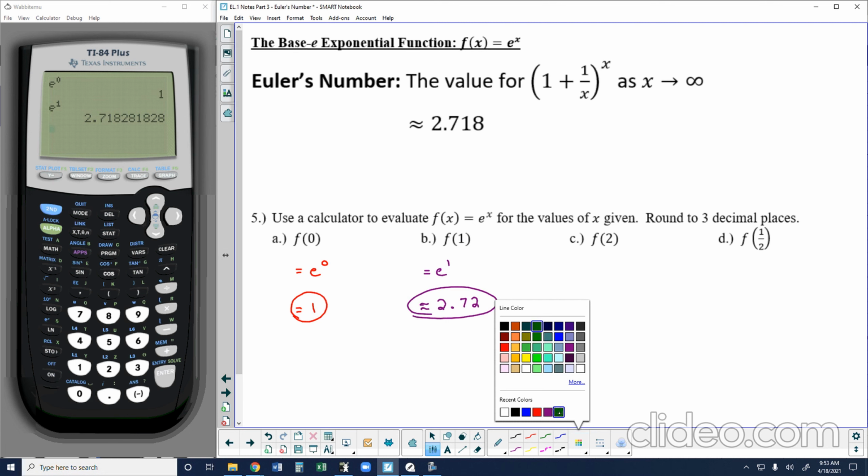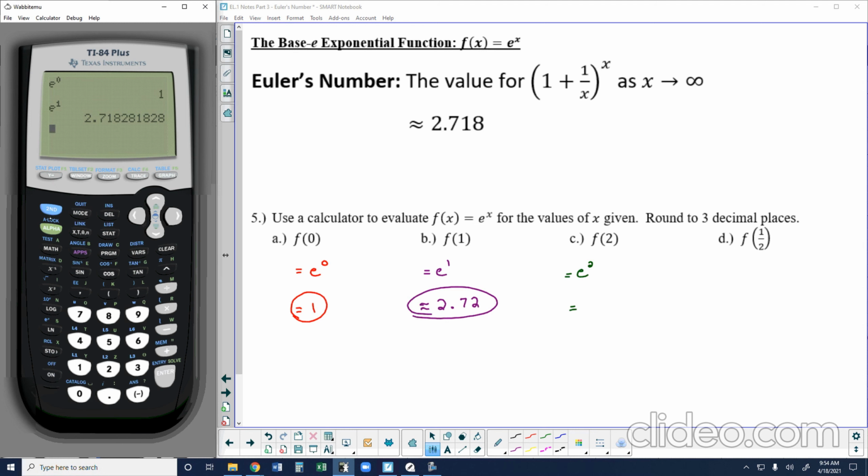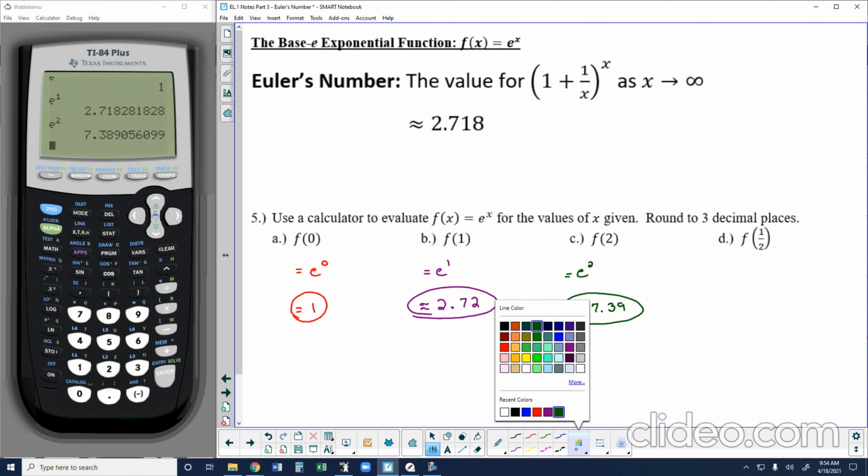As we increase the value for x, we're going to increase the value for Euler's number. Again, we have to hit the second key and then the natural log, and we can use that to approximate the value. This would be about 7.39. And now we are taking a look at an exponent that is rational.